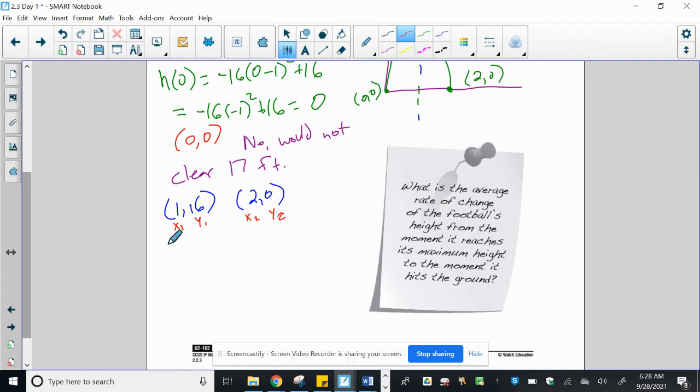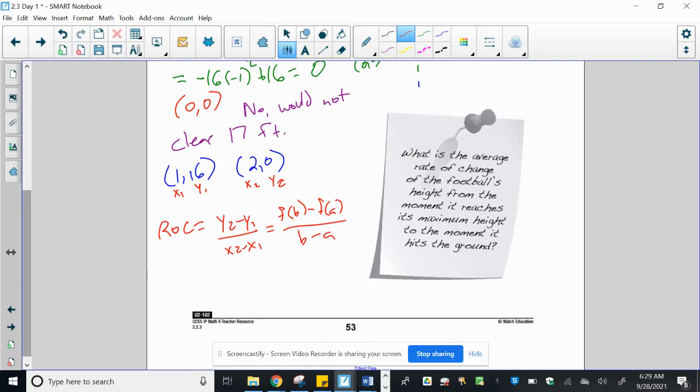And remember, rate of change, we could think of it as y2 minus y1 over x2 minus x1. Subtracting our y's on top, subtracting our x's on bottom. We also wrote this yesterday as f of b minus f of a over b minus a, right? Different ways of writing it, just communicating subtract our y's on top, subtract our x's on bottom.